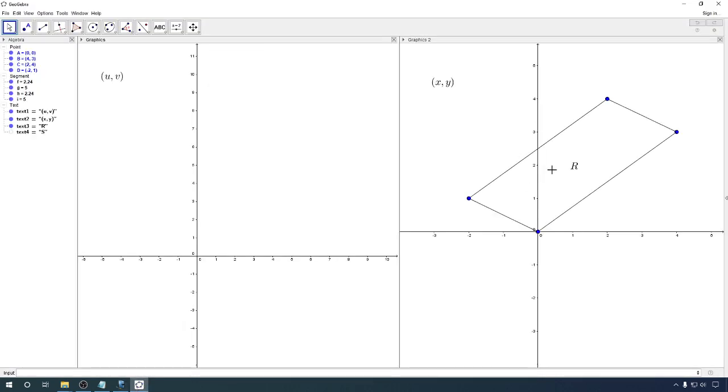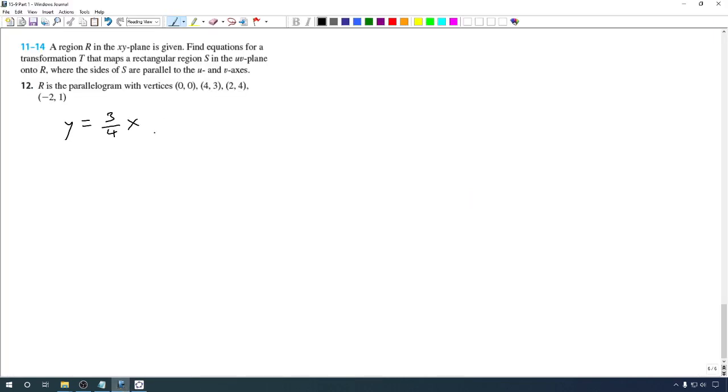Now we can use the fact that we know this is a parallelogram to say that this line over here also has a slope of 3/4. We do need to find its y-intercept. It turns out that y-intercept is 5/2. There are multiple ways you could find that out. I'll leave that to you to verify that these are correct.